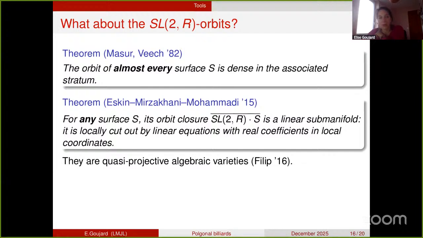So the conclusion is that the SL2R orbit closures are very nice, and you can do a lot of things that you do on the moduli space on SL2R orbit closures. An example of an application of this result is the illumination result that I presented at the beginning.